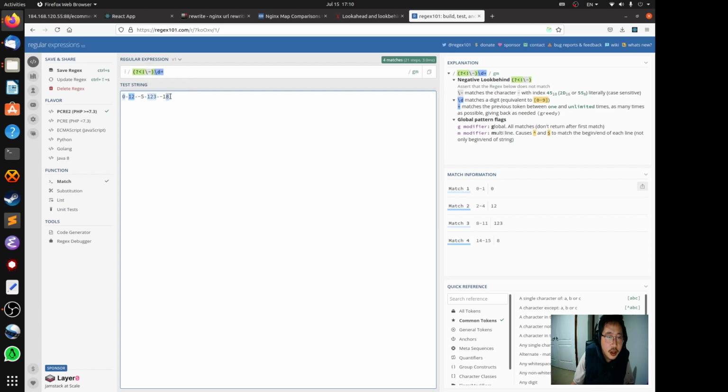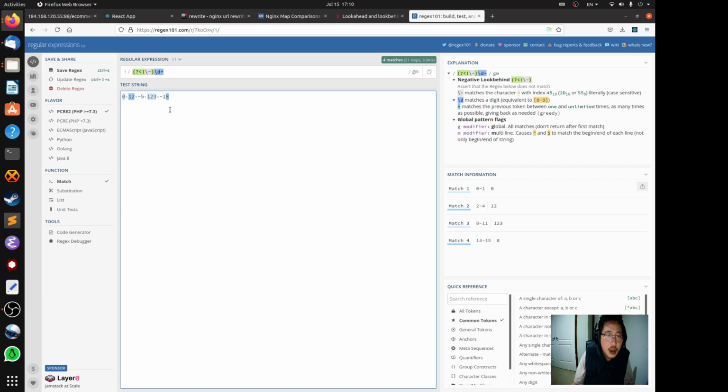From 8, can you see that 1 and 8 are both word characters, so there's no boundary there. But if you consider minus and 1, they are non-word and word, so there is a boundary at this position.